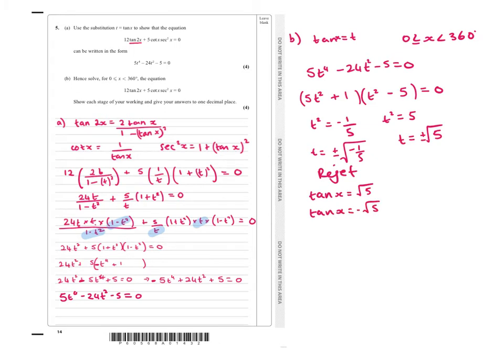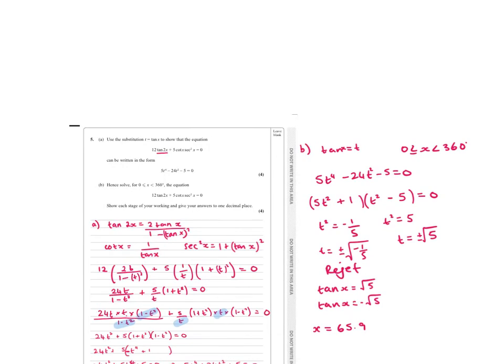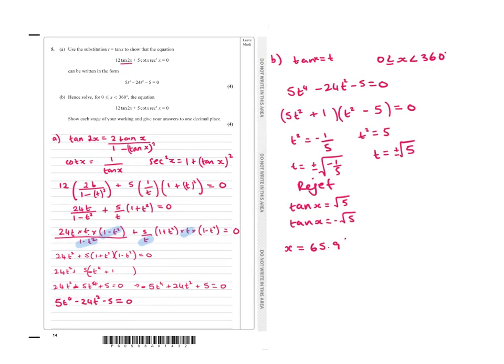So what I need to do is find these solutions. So step 1, calculator must be in degrees, okay? And then if I do shift tan of root 5, I get x equals 65.9 degrees. Okay, and then I'm going to use my cast diagram.